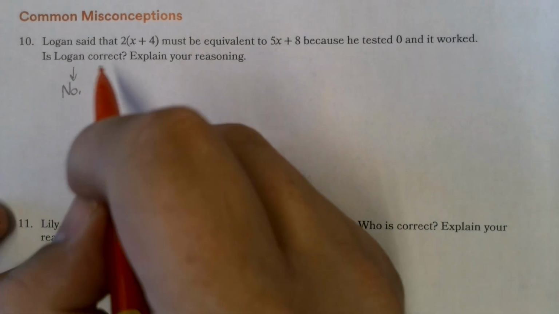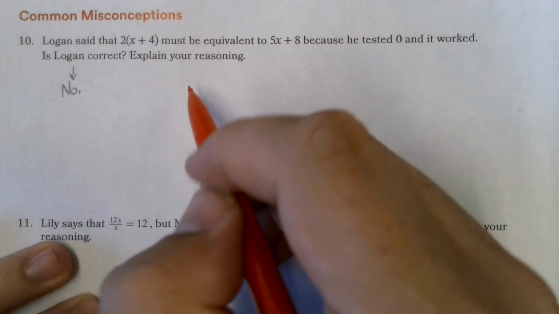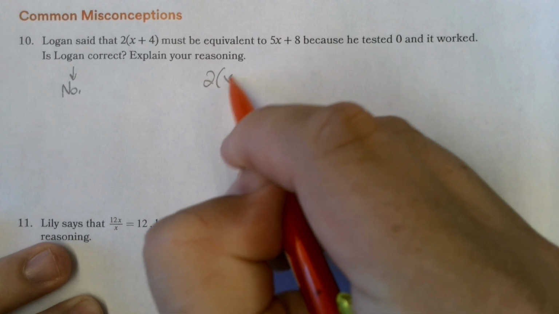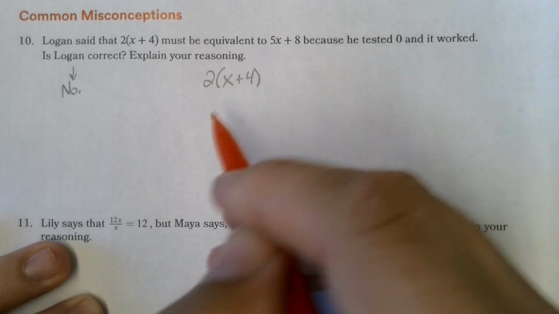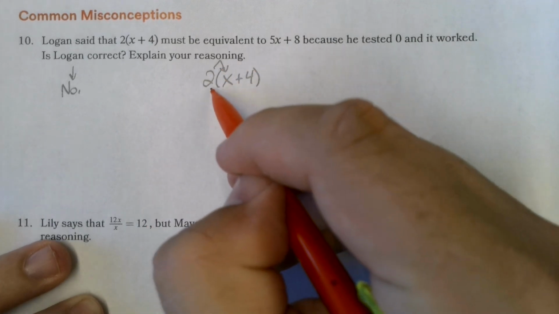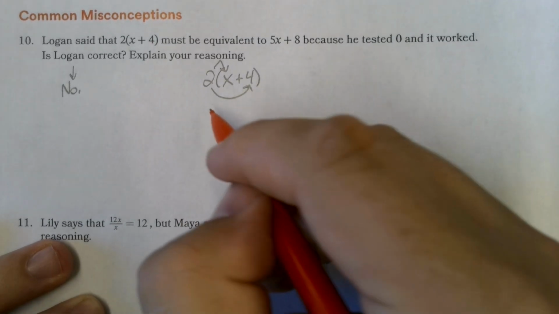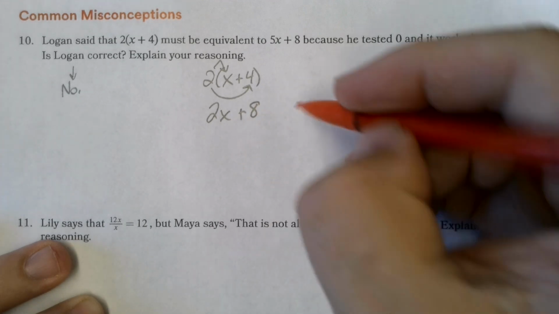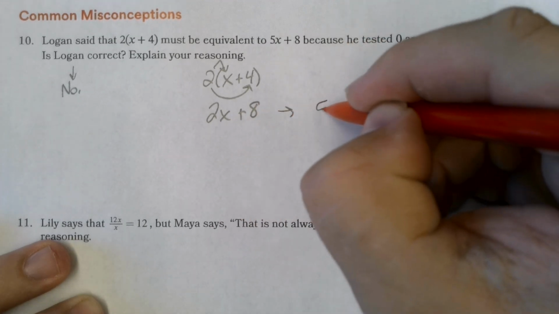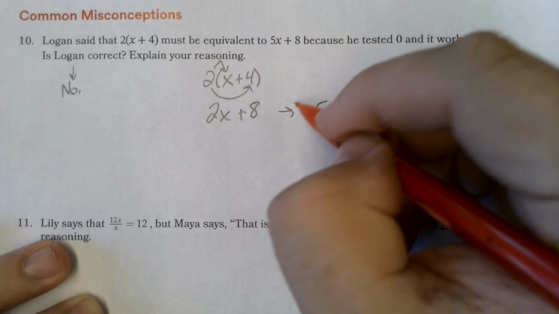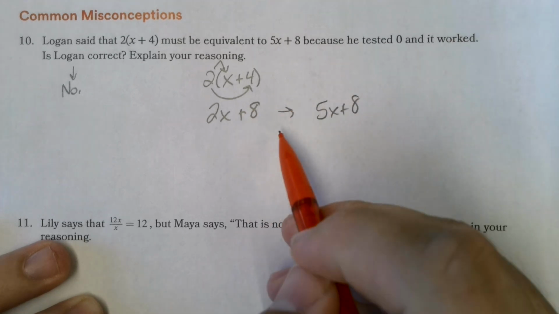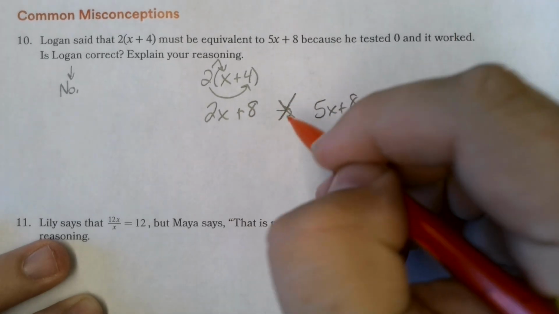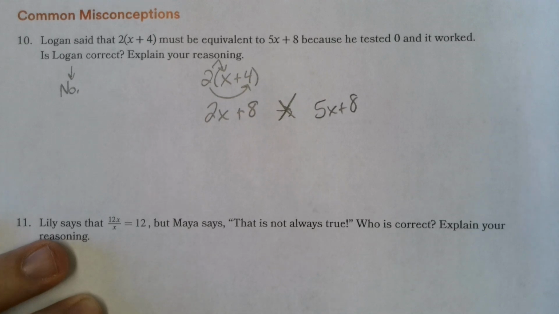If we go through here and distribute, just for instance, 2 times the sum of x and 4. We're going to distribute this 2. So 2 times x plus 2 times 4, which is 8. And 5x plus 8 is not the same as 2x plus 8. They are not equal.